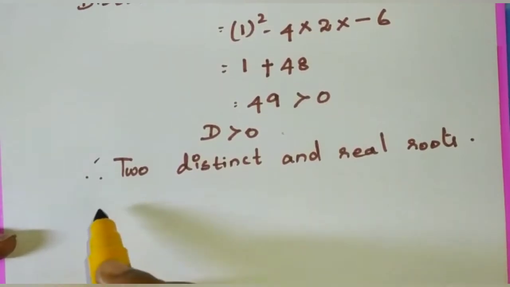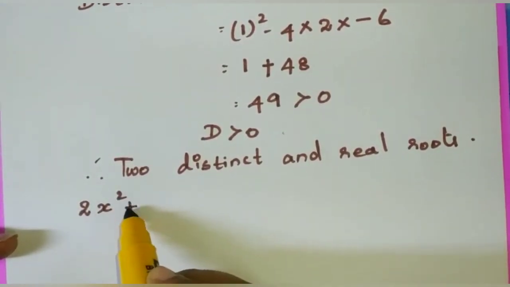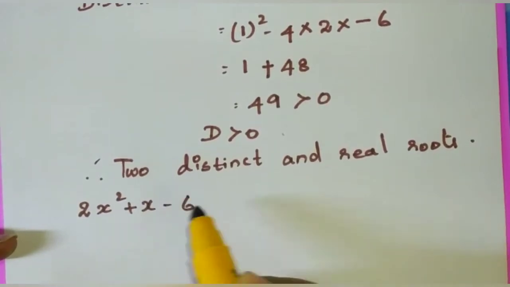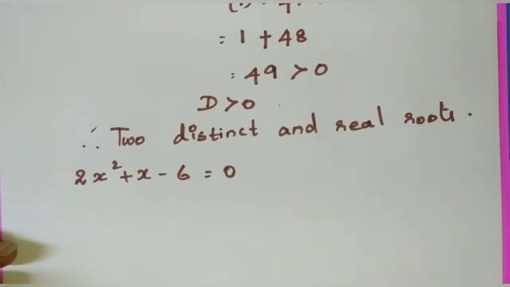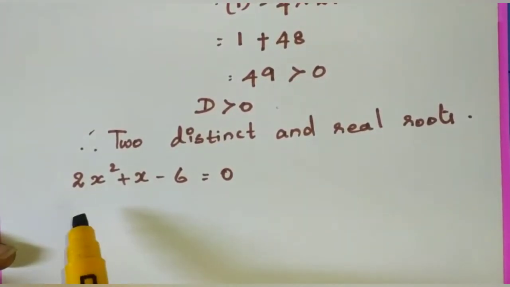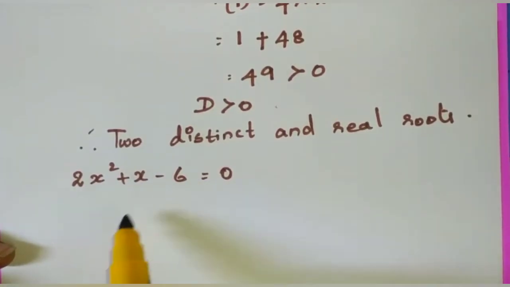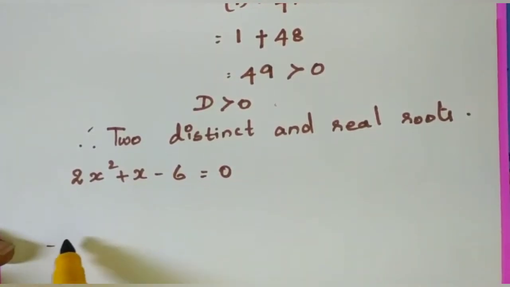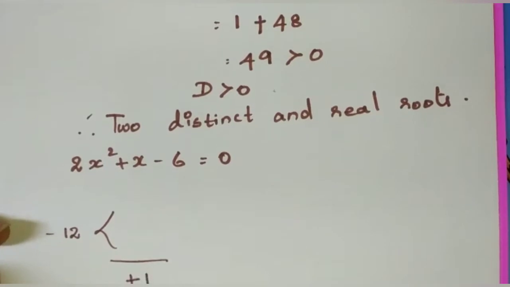Yes. So for that, first write the equation: 2x square plus x minus 6 is equal to 0. To factorize this one, to find the value of x, we have to multiply 2 and minus 6, so 2 and minus 6 is minus 12, plus 1.